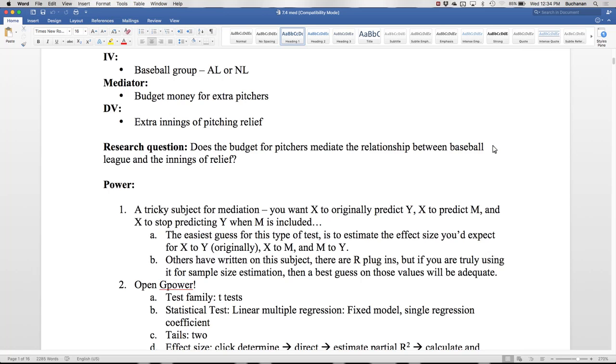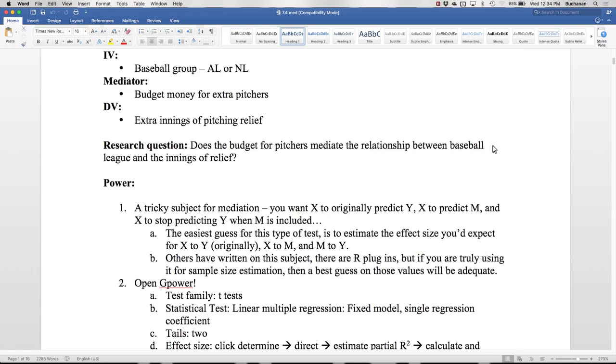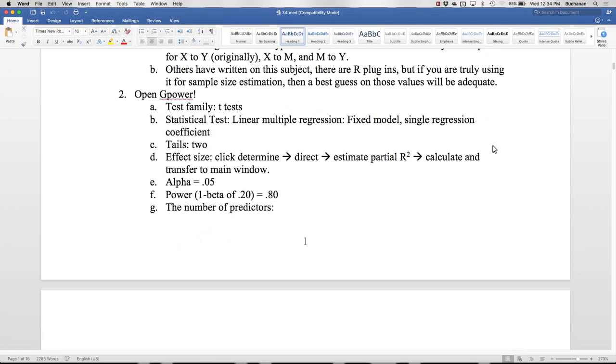So what I was going to suggest is try estimating for the final step, where I'm looking at X and M together. And so that is how this G*Power is written. It is different than the other two regression ones. So we're going to try a t-test as our test family.